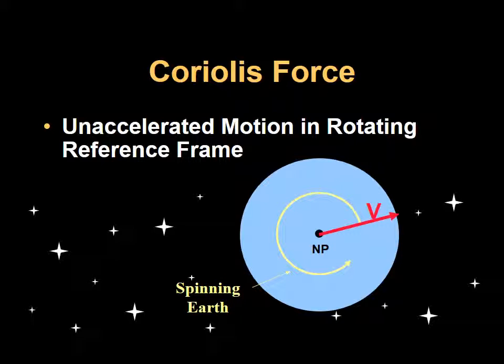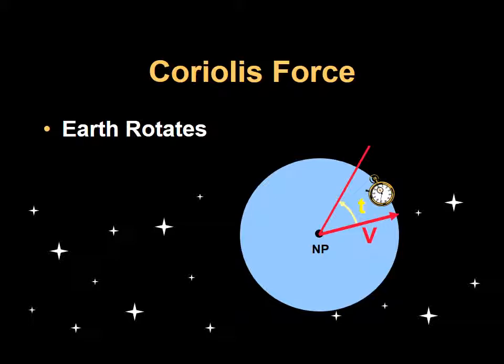Now, let's set the Earth in motion. We're going to spin the Earth and see how that affects our apparent motion. So there's the rotation. And as the Earth rotates, the object that's moving over our Earth's surface is moving at a velocity of v, and in the time that it takes to go from the North Pole to the equator, the Earth actually rotates a certain number of degrees.